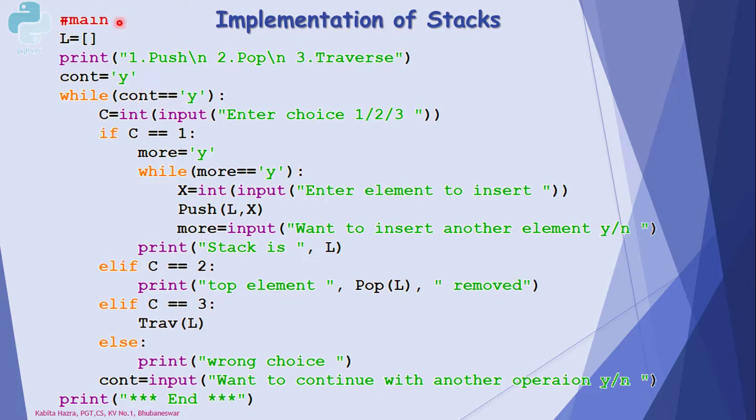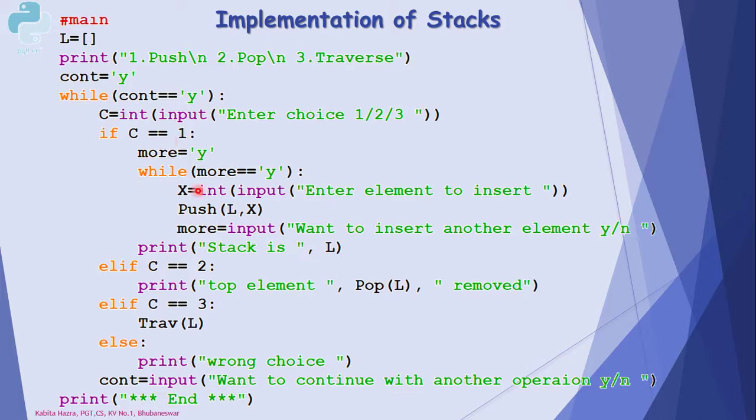Here we have written a menu driven program with three menu options for push, pop and traversal. We want to continue till we want to perform the operations, so we have put it in a loop. As long as we specify yes to continue, these push, pop and traversal operations will continue.